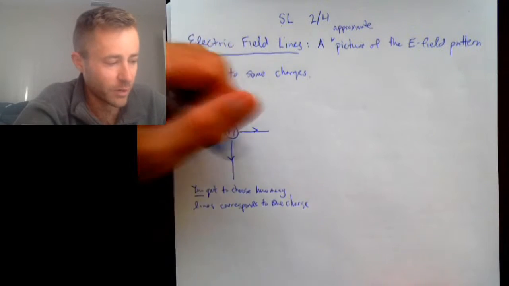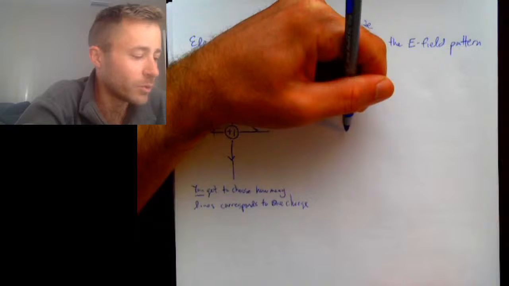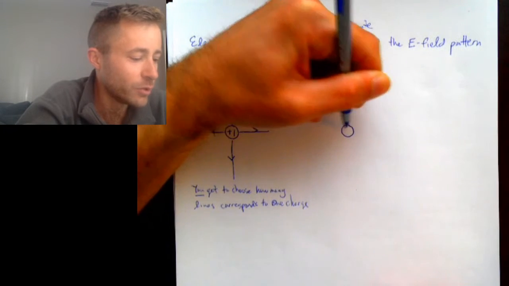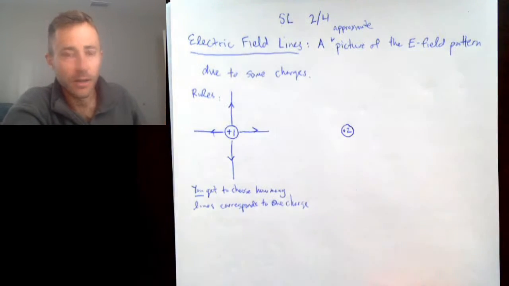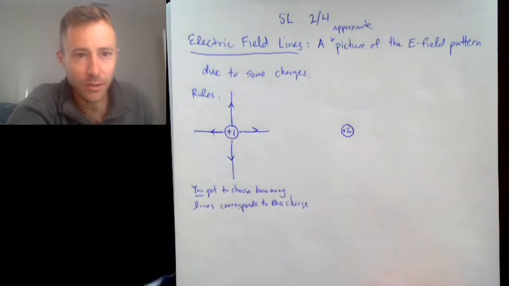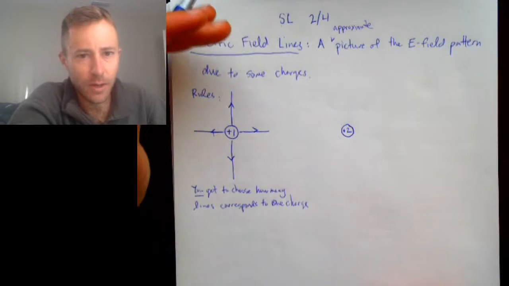And here's why you don't want to do too many lines for 1 charge, because if you were to draw the electric field line pattern for a +2 charge, if +1 has 4 lines, then +2 charge has 8 lines.